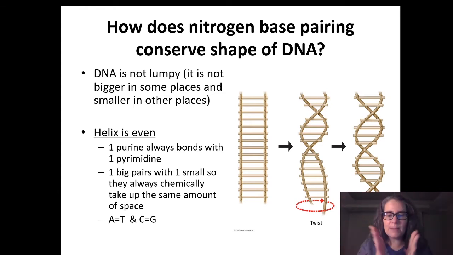So it's not a lumpy molecule, but it has a fixed chemical distance inside of there because you're having a double ring always with a smaller single ring, A with a T and a C with a G, so that we have that conserved chemical distance within our ladder. So this nitrogen-based pairing is important, always a purine with a pyrimidine, to keep that very consistent inside of our structure.